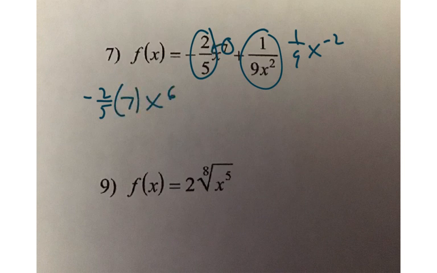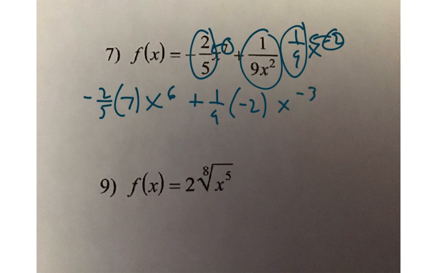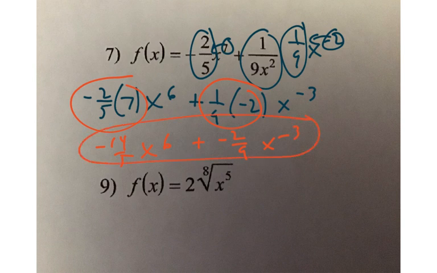It's now x to the 6 plus the 1/9 stays. The negative 2 comes down. X negative 3. So this is simply negative 14/5 x^6 plus this is negative 2/9 x negative 3. And again, ask your teacher if you need to rewrite without negative powers.